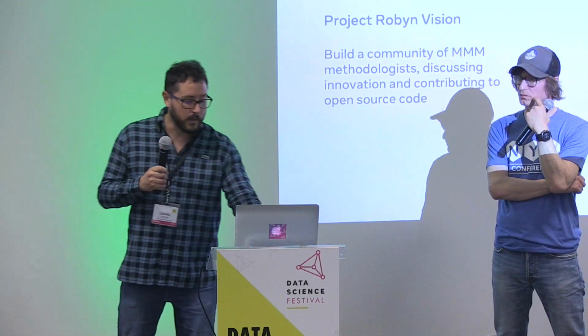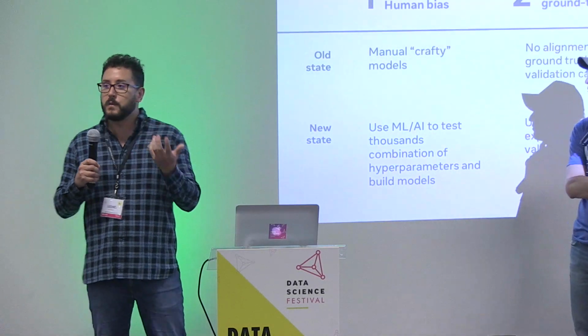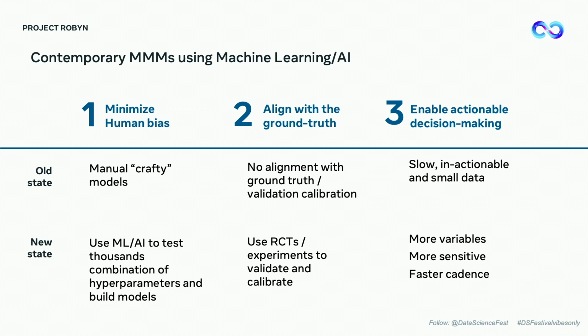When we started thinking about Robyn, we wanted to tackle 3 different problems. One of the first ones, which we're aiming to tackle, it doesn't mean it's not going to exist, is to minimize human bias. Because when we do any regression, not necessarily just marketing regressions, there's always going to be human bias embedded within it, right?